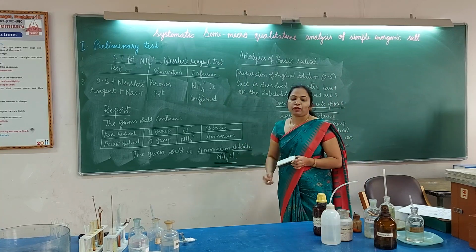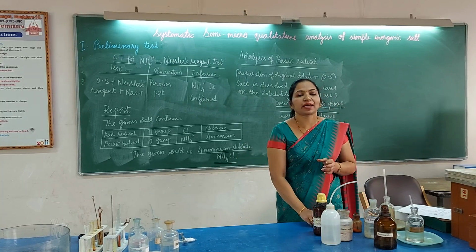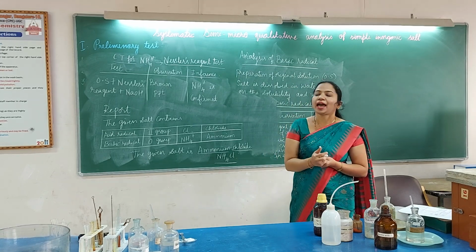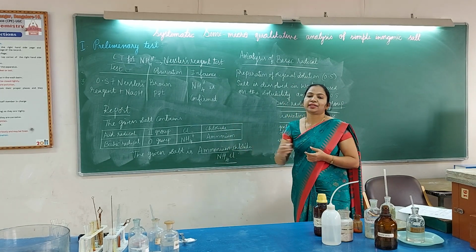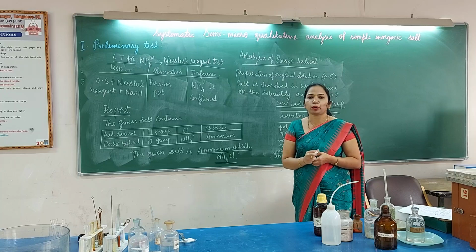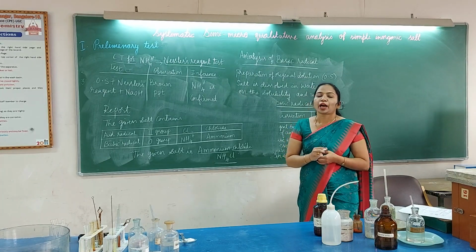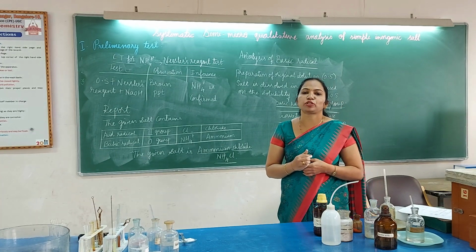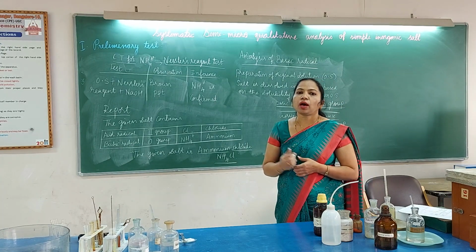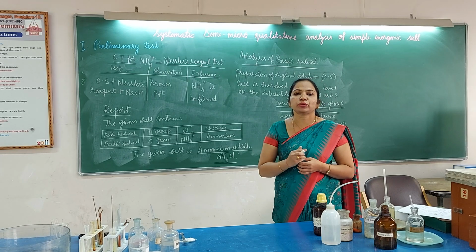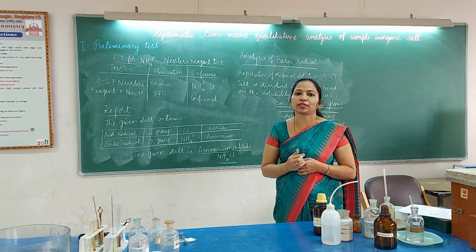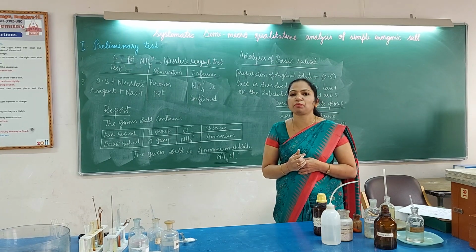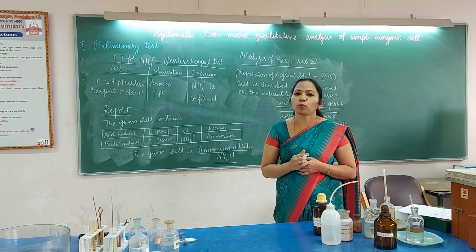So here we have done acid radical, basic radical, and then we have found out that the given salt is ammonium chloride. So students, I hope you have understood the test for this simple salt, and you know the total marks allotted to this salt detection is 10 marks. Okay, I hope you have understood, students.